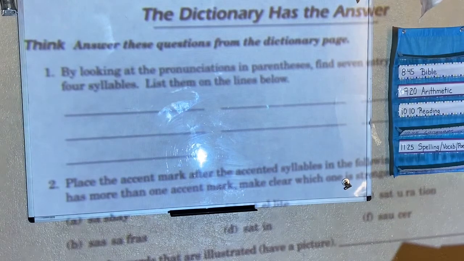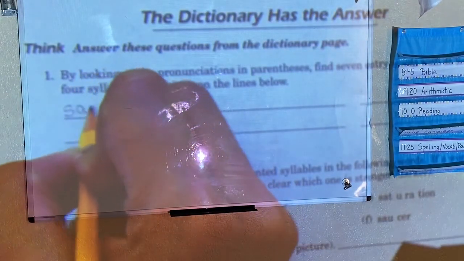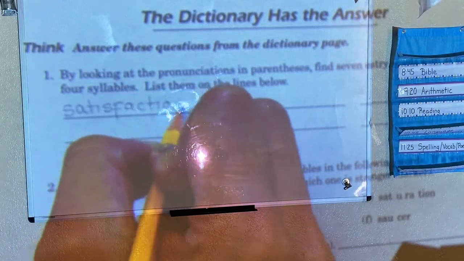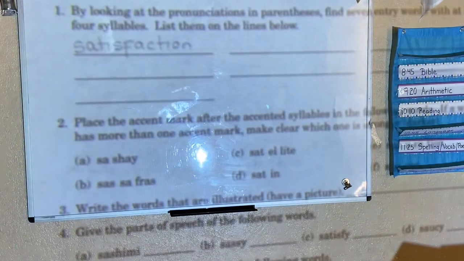And the next thing that you're going to do, on number 2, it says place the accent mark after the accented syllables in the following words. If a word has more than one accent mark, make clear which one is stronger. Okay?